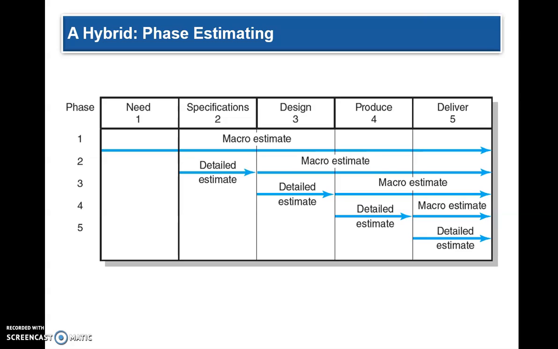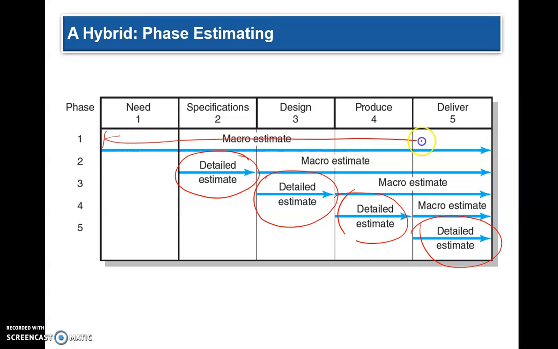Phase estimating is a hybrid way of doing it. So for instance, you have a detailed estimate for the specifications, detailed estimates for the design, for production, and for delivering the project. So the macro estimate is taken for the entire range of need to deliver.